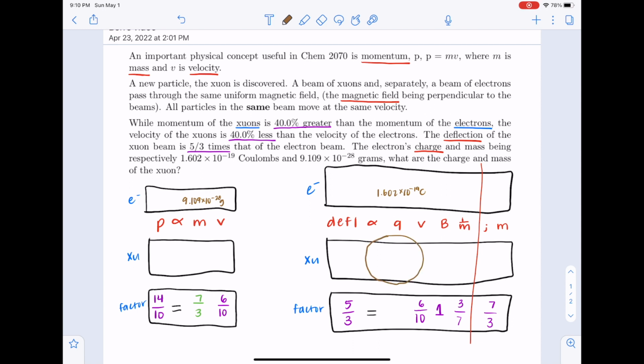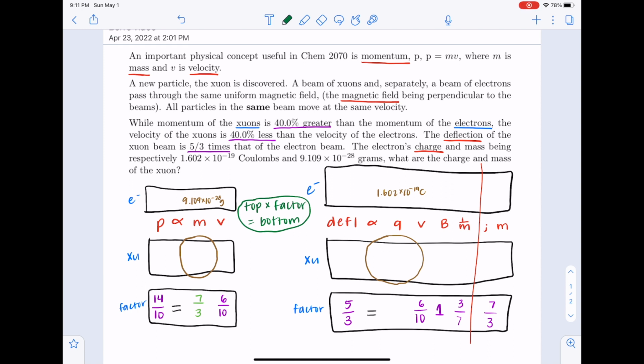So let's just circle where on the table we would find those values. And then next, from our first proportionality videos, we went over that the top box times the factor line equals the second box. So we're still missing the factor for charge, so we're going to need to find that first to calculate that second box value for charge.